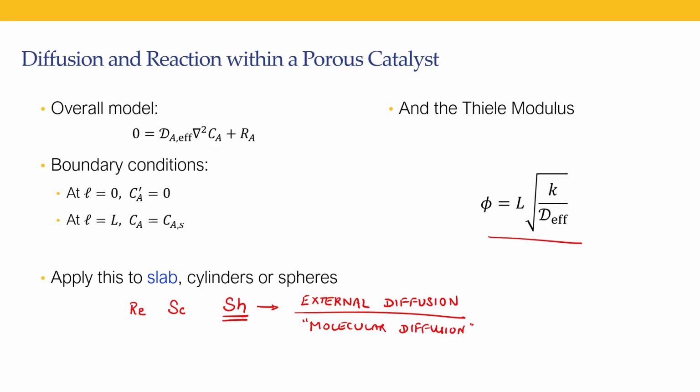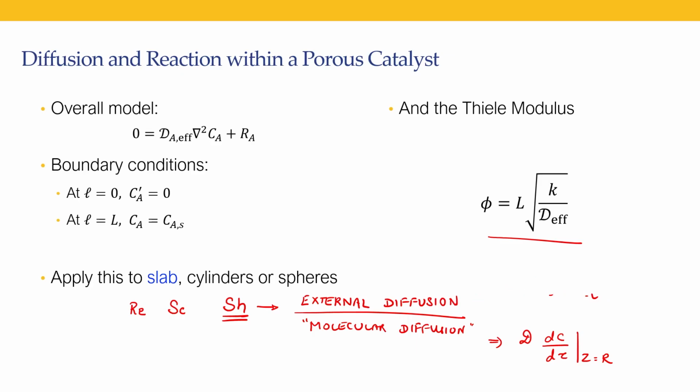What I mean by that is this term is equivalent to k_g (C_Ab minus C_AS), which is essentially a convective term. This guy is at the pellet. So technically it's a ratio of these terms.